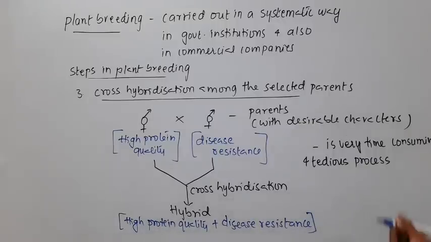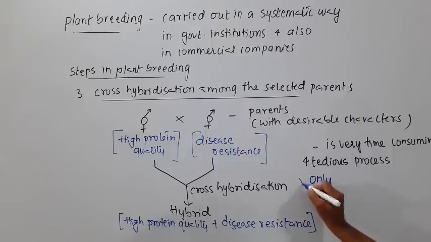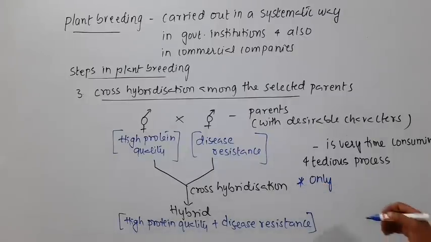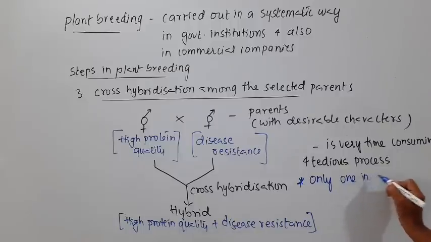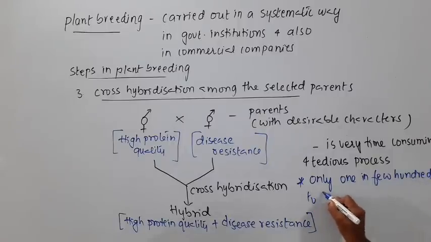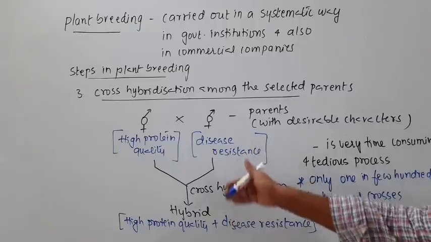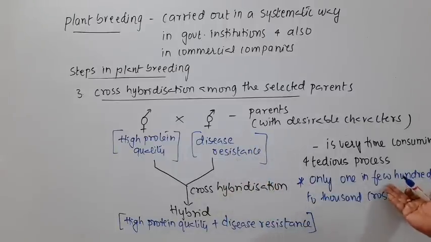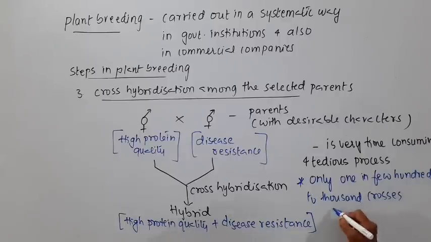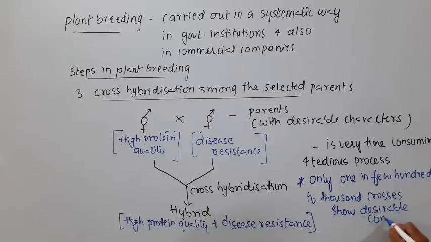This is an important point here: only one in a few hundred to a thousand processes. So imagine I'm going to repeat this process from a few hundred to a thousand times, and in a few hundred to a thousand processes, they show a desirable combination.